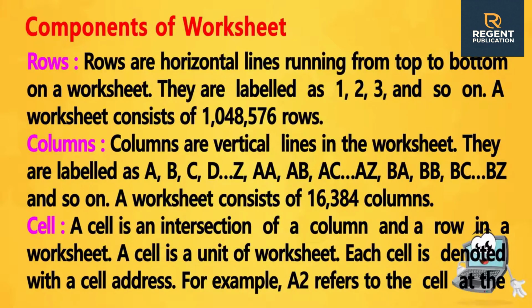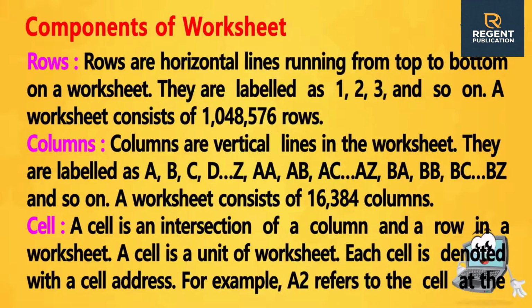They are labeled as A, B, C, Z, AA, AB, AC, AZ, BA, BB, BC, BZ, and so on. A worksheet consists of 16,384 columns.